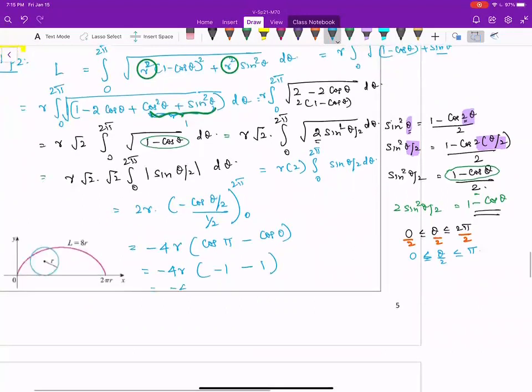So it is negative 4r times negative 2, that is equal to 8r. So in the picture shown here, when the coin rolls along the horizontal line through one complete rotation from 0 to 2 pi, the length it traverses, which is this part, is actually the length of the curve, which is 8r.